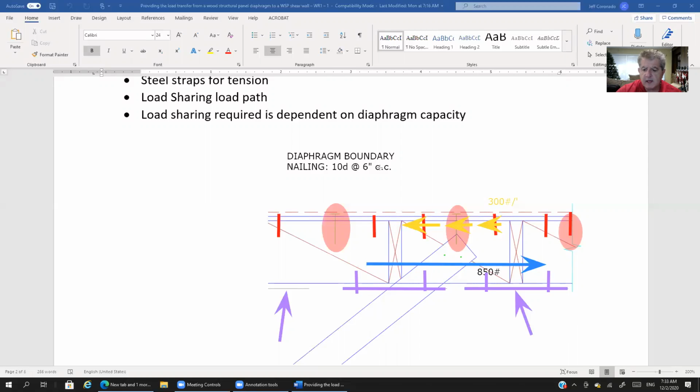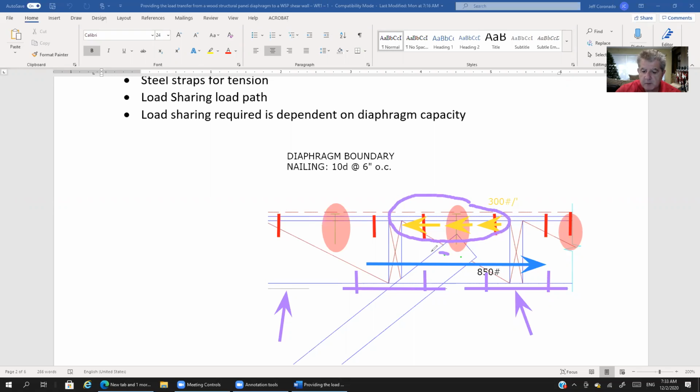So what this does is it allows for load sharing. Whether we want to use the term load share, or you're more comfortable with dragging, however you want to visualize it. But what it allows us to do is to pull some of the load that's in this block that we are not able to resist through the nailing here.